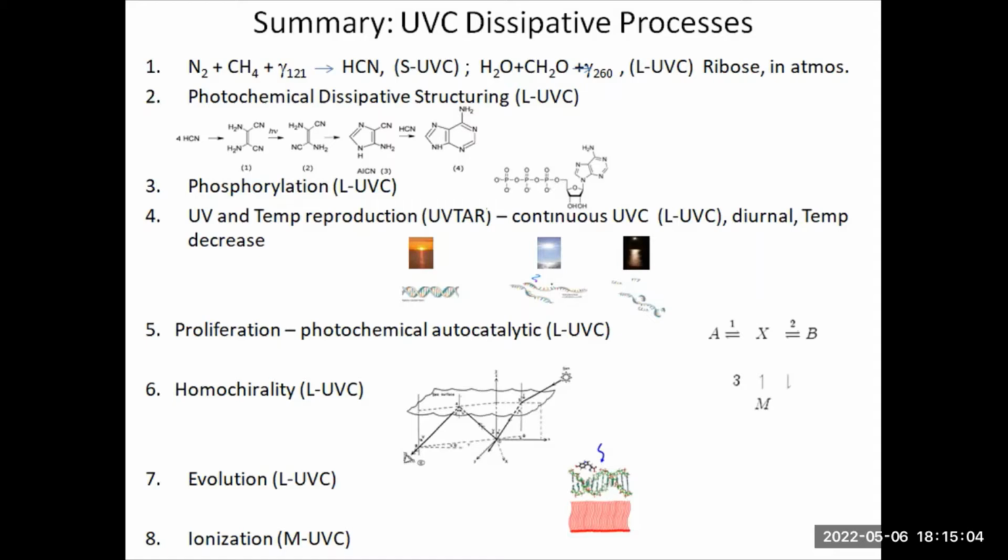And what we don't want is this medium wavelength UVC, which is below about 180 nanometers, which could cause ionization and therefore the destruction of these particles. So we don't want that on the surface. Well, of course, we also don't want the very short wavelength UVC on the surface, because that could also destroy the molecule. We do want it in the atmosphere to be able to provide hydrogen cyanide, for instance.